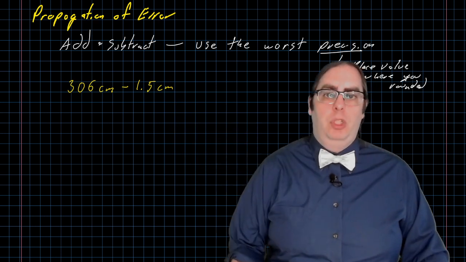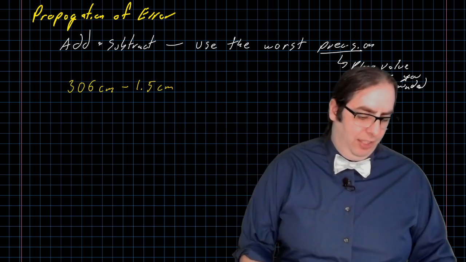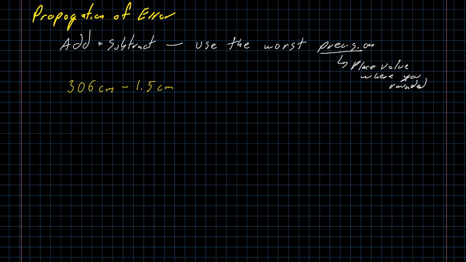And that's what we're going to use in this calculation. So sure, if I put this into a calculator, I would get 304.5. But I want to round to that guy. And I will round it and call it 305 centimeters instead.